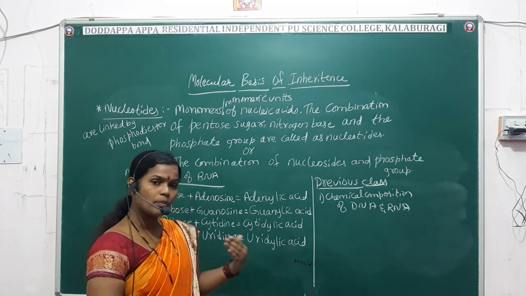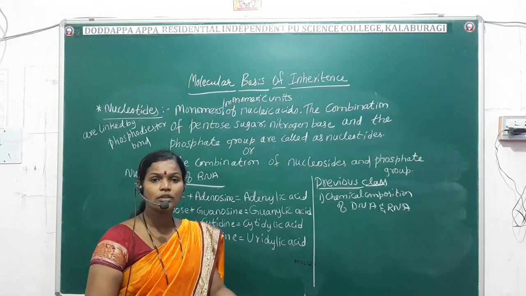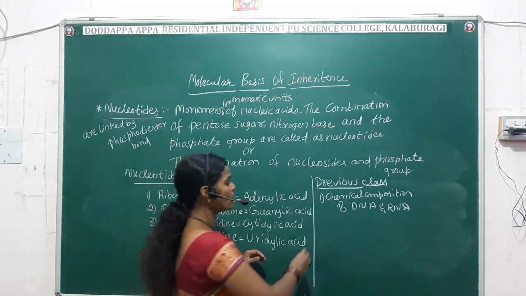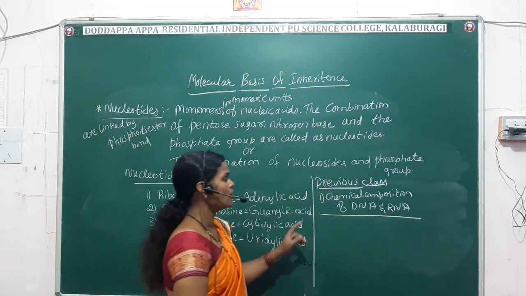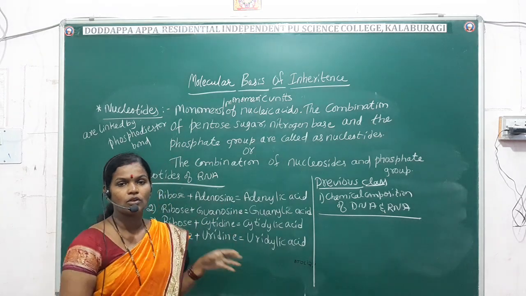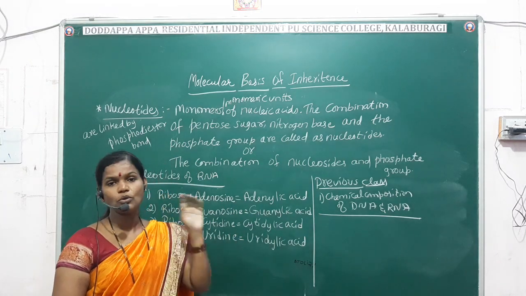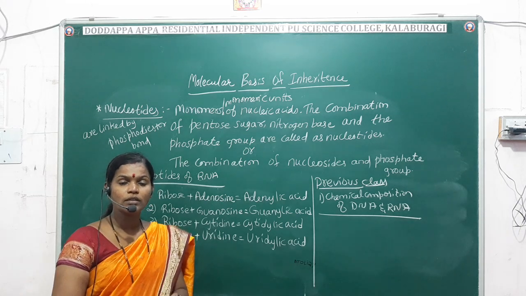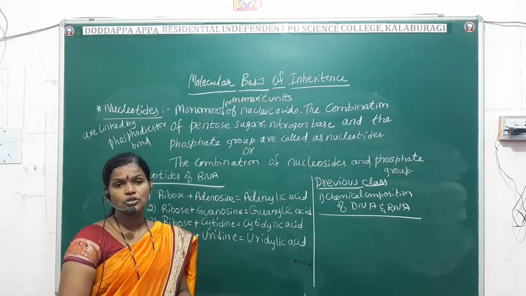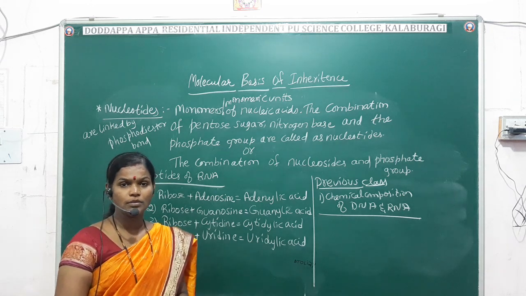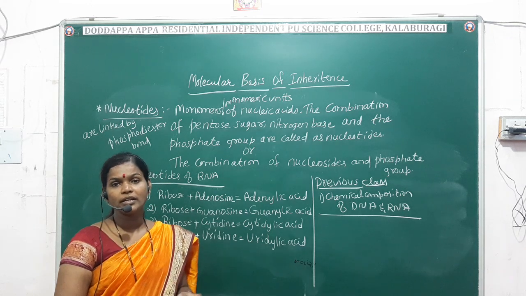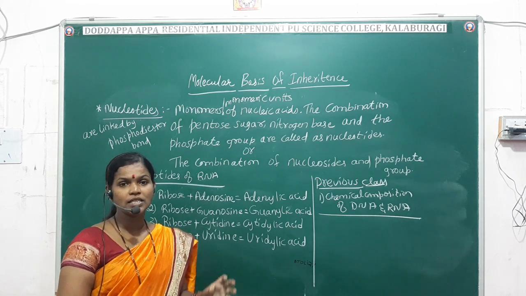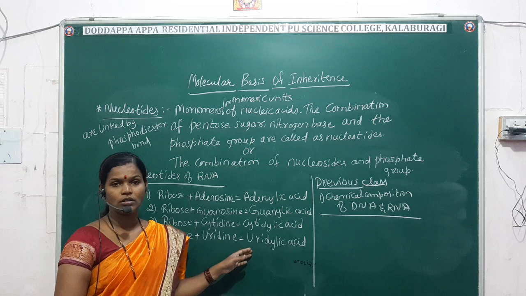Because you will come to know the structure of the DNA in the next concept. This is the basic knowledge. If you get thorough with it, you will come to know the structure of the DNA, how it is made up, and what materials are present in it.